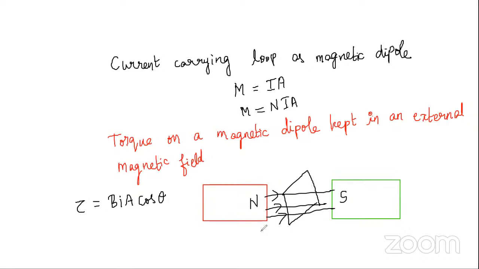So tau equal to BIA cos theta, and we know very well that M equal to IA. So this torque is equal to B into IA, which is M, so BM cos theta.